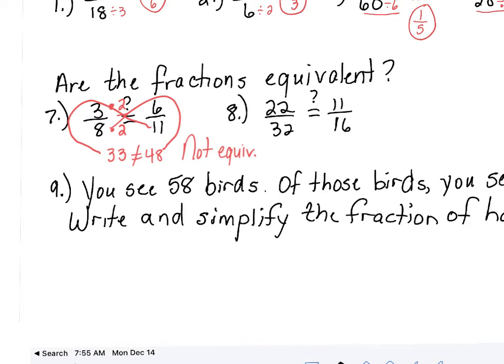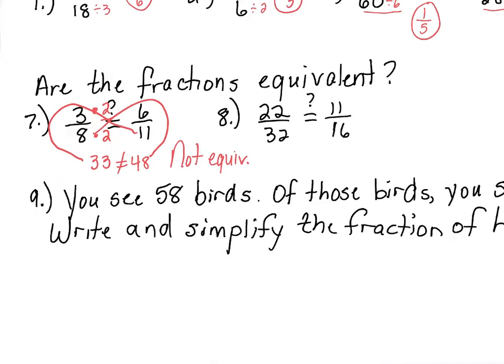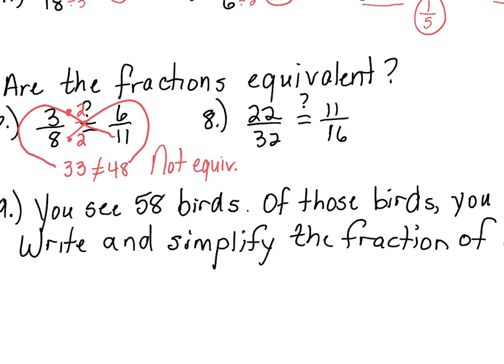All right, look at number 8. It says 22 over 32 and 11 over 16. I don't want to multiply really big numbers. So what I'm going to do is look for a pattern here. 22 divided by what would be 11? Okay, sorry. I skipped some.